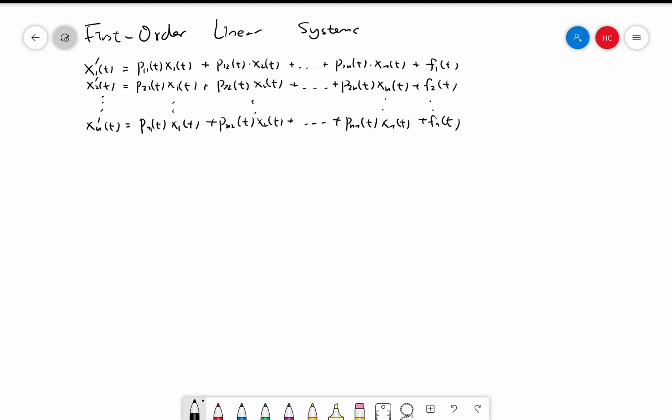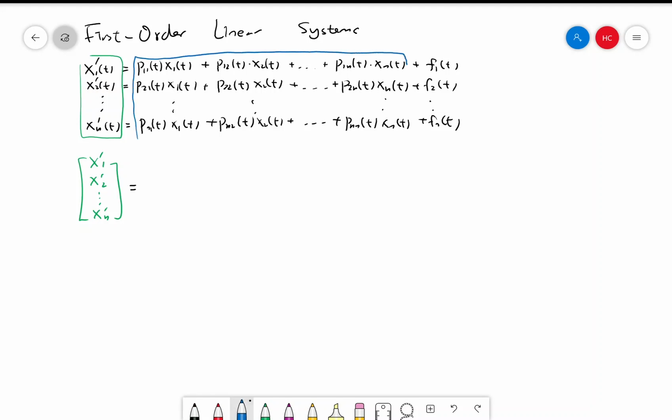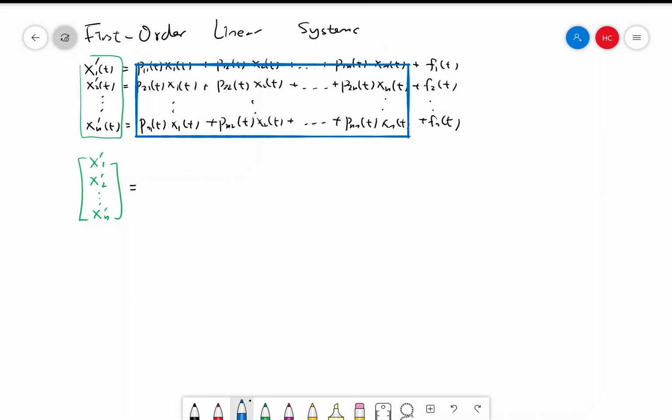So this is not an effective way to write it. So if we take what we have learned before, the left-hand side is just a vector: x1 prime, x2 prime, all the way to xn prime. So this is the left-hand side. The right-hand side, this middle part, is the product of a matrix and a vector function.